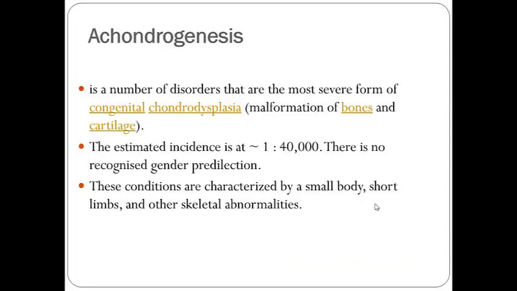Achondrogenesis is a number of disorders that are the most severe form of congenital chondrodysplasia. We have malformations of bone and cartilage, with an estimated incidence of 1 per 4,000. So it's a very rare recognized entity. There is no gender predilection. These conditions are characterized by a small body, short limbs, and other skeletal abnormalities.